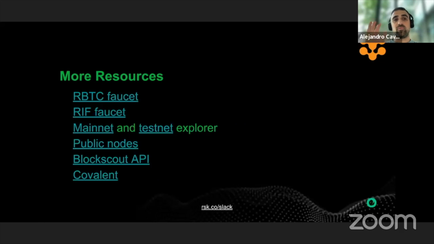Here are some resources for what a developer will need, like the RBTC faucet. If you want to test, obviously we have a testnet, and you will need test RBTC to send your transactions. If you want to have test Reef token, here you have the faucet, obviously the mainnet and testnet explorer, and the public nodes. You can run your own node, but you don't need to. You can start using the public nodes. There is a public node for testnet and another for mainnet. And then some useful APIs like the Blockscout API or Covalent, just to mention third-party tools or indexers that are really useful.